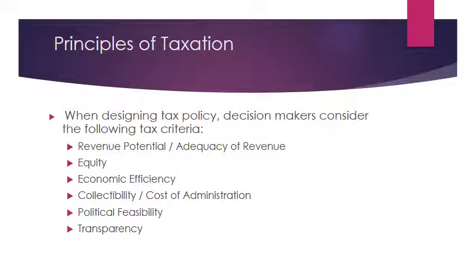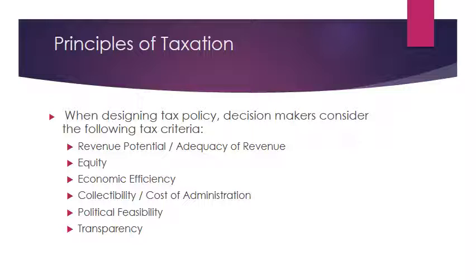So when designing tax policy or when estimating revenues, decision makers will have to consider, or usually consider, these six principles of taxation, or these six criteria, which are the revenue potential, that's the amount of revenue a specific tax source can generate. There are some equity considerations related to the fairness of the taxes. There are some economic efficiency considerations to take into account.